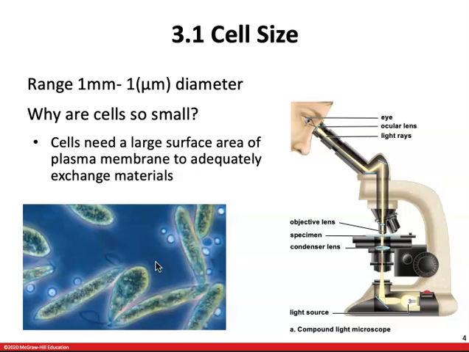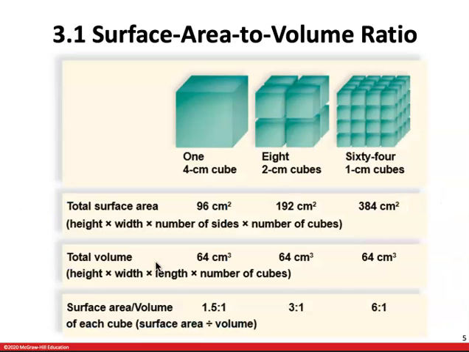And I really want you guys to understand this concept because it's going to come back to us again and again and again. So to help explain that, here is a diagram to explain surface area to volume ratio. What we have here is 1 4-centimeter cube, 8 2-centimeter cubes, and 64 1-centimeter cubes. Each one of these has a total volume of 64 centimeters.